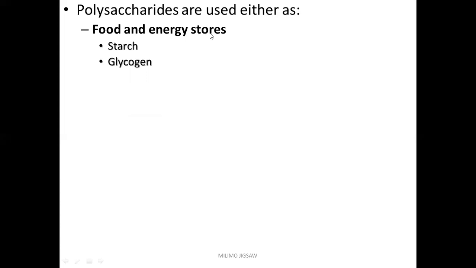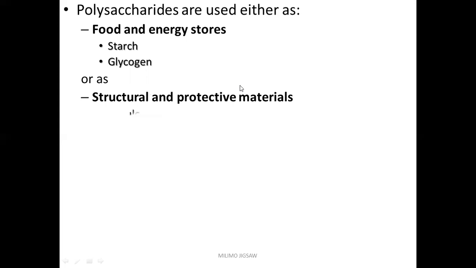Polysaccharides can also be used as structural and protective materials. This includes cellulose and chitin.